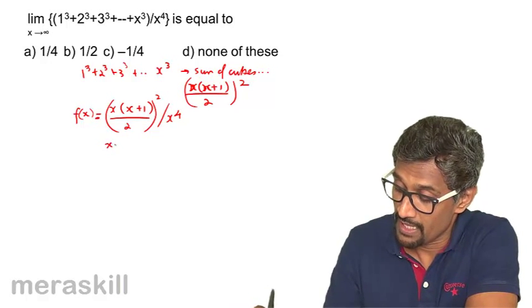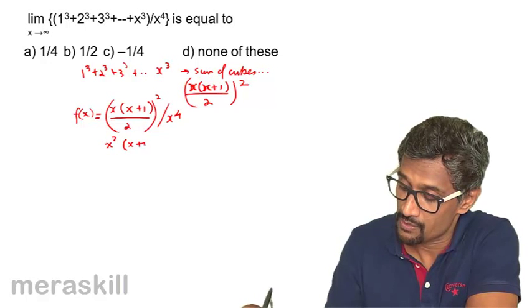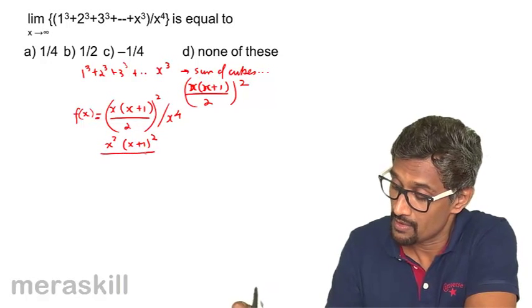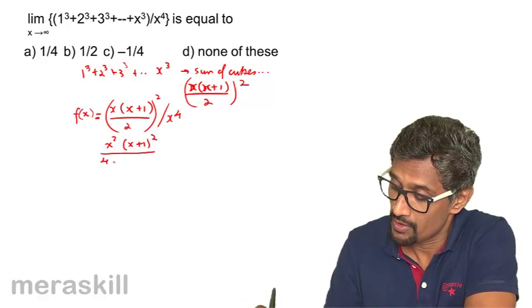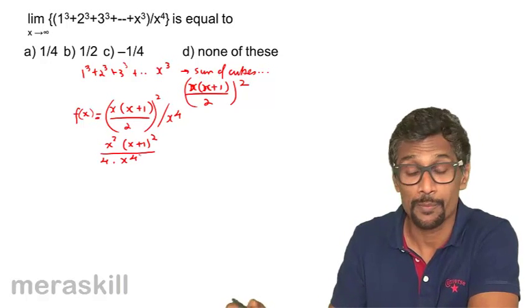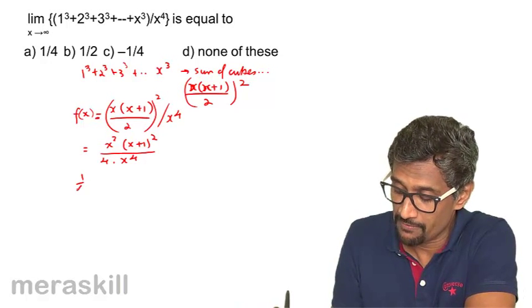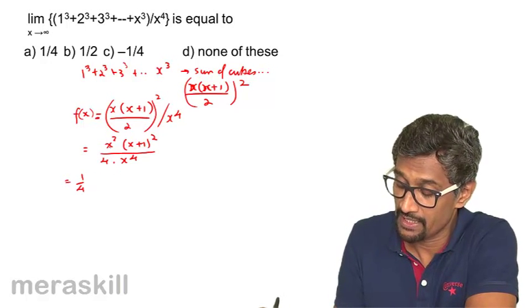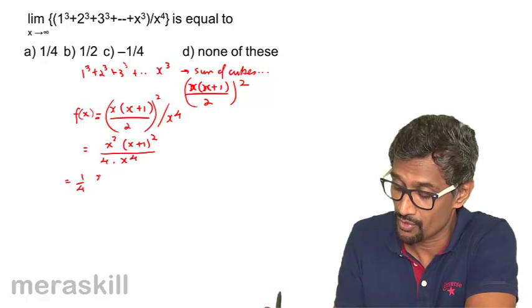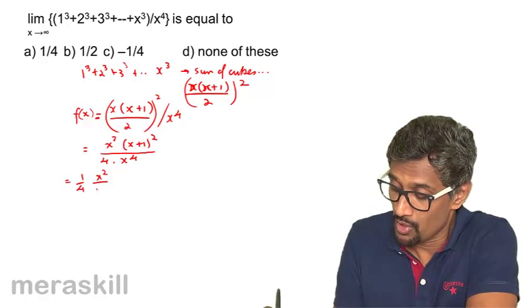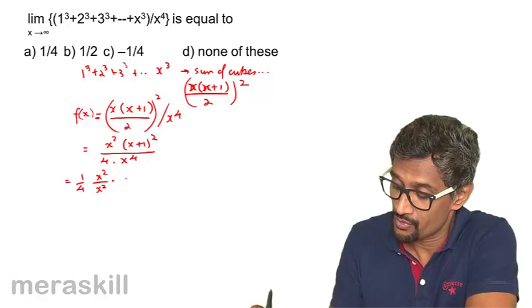Which turns out to be x^2 (x+1)^2 upon 4 into x^4. Now, what can we do here? We can take 1 by 4, of course, common outside. So you get x^2 upon x^2 into (x+1)^2 upon x^2.